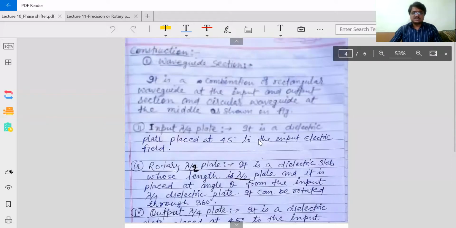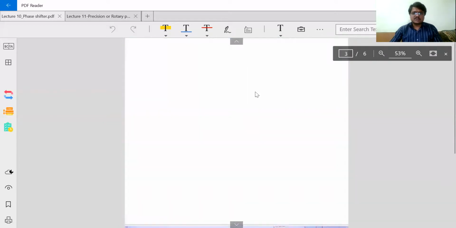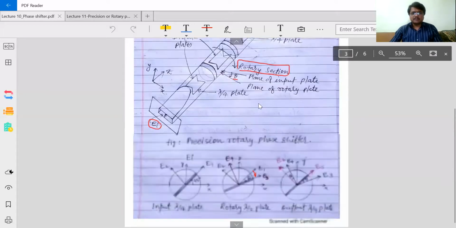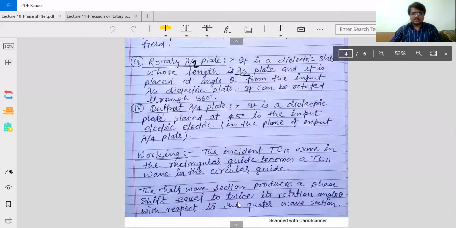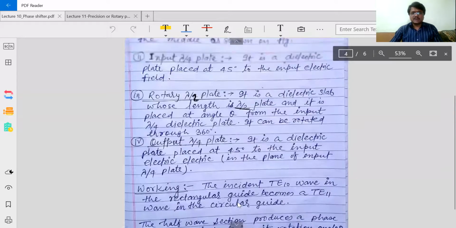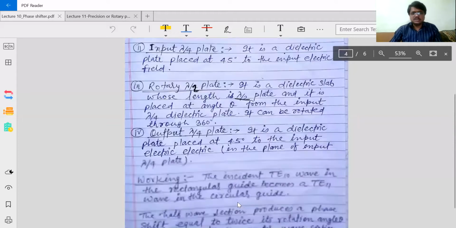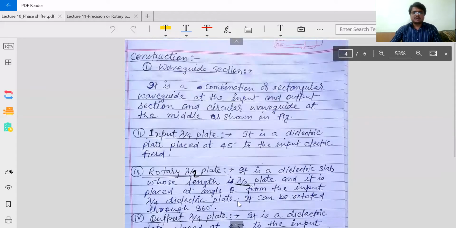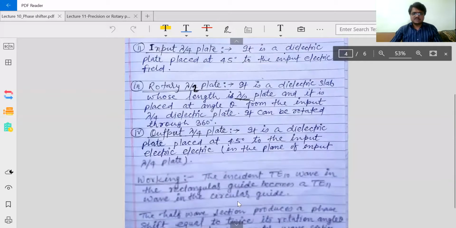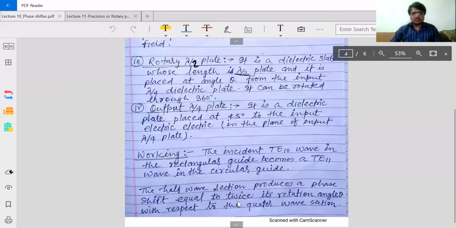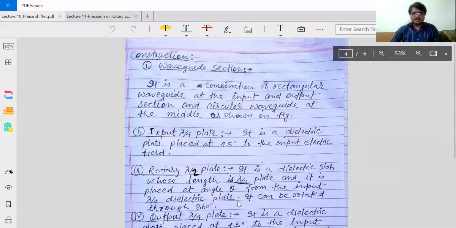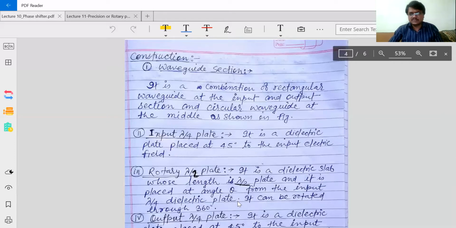So this is the construction and application. In the next lecture, we will see the mathematical approach: what is the mathematics of this plate. We will discuss the mathematical things in the next lecture.